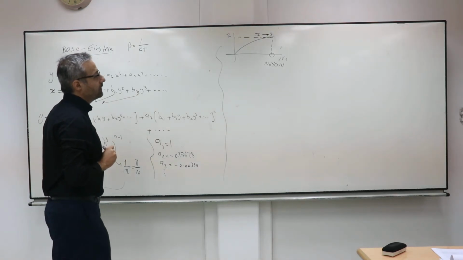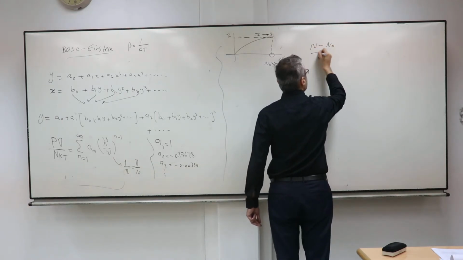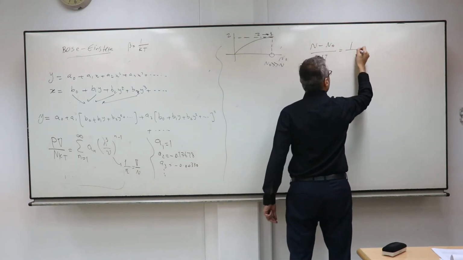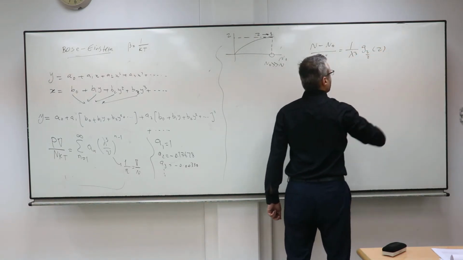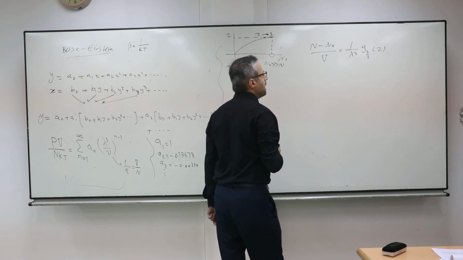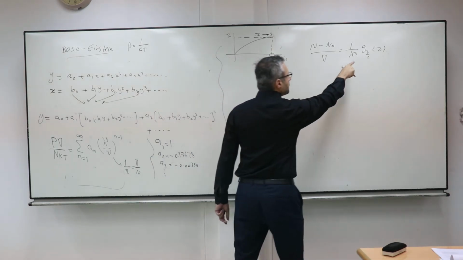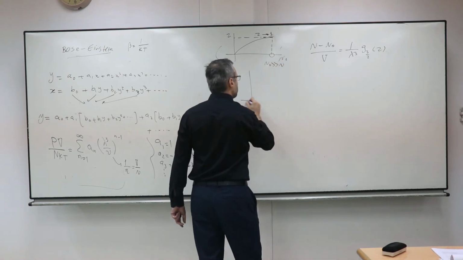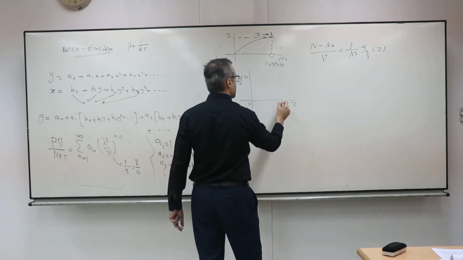What is special about this comes from this equation. Look at these equations and make a plot for me. If you make a plot of g3/2 against z, it starts from 0 to 1.